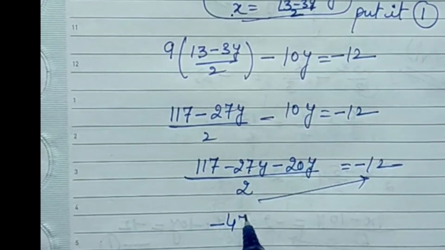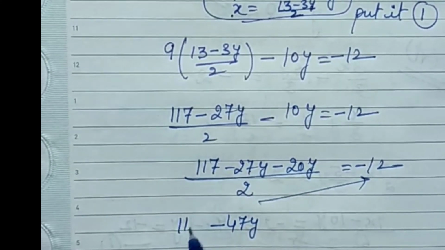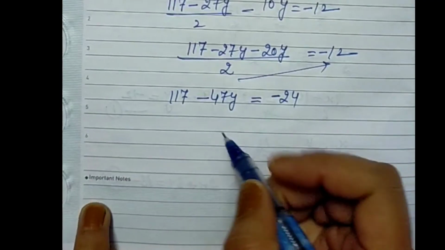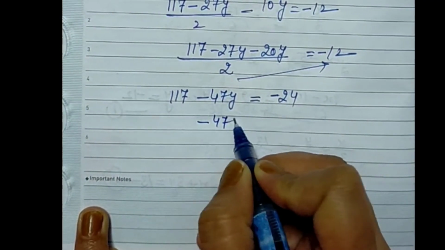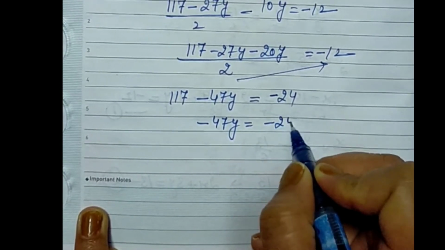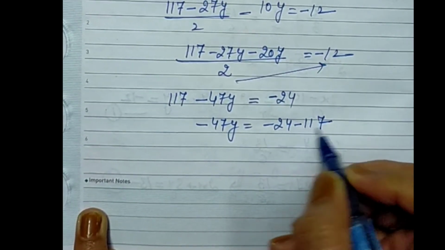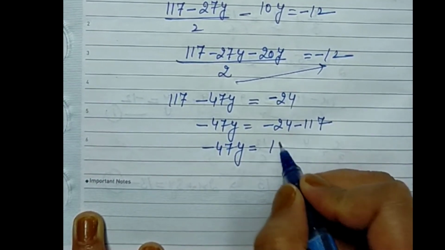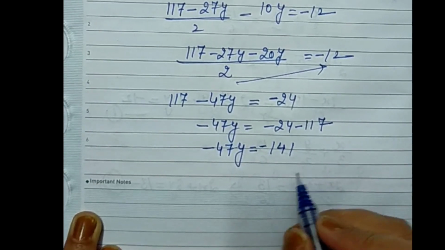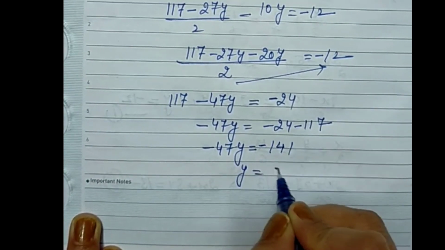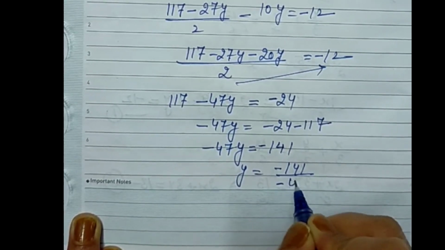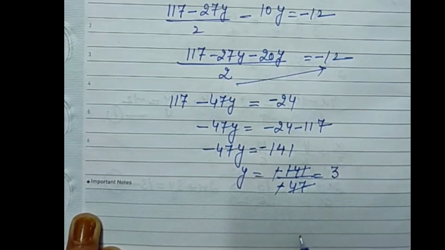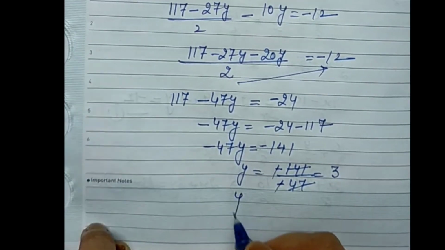Minus 47y, minus 47 here only. Minus 24 minus 117. Minus 47y is minus 141. That means y is minus 141 over minus 47. This minus gets cancelled and we are left with 3. Y is equal to 3.